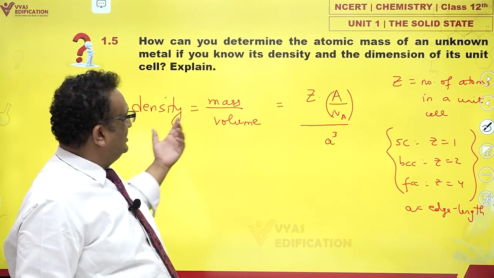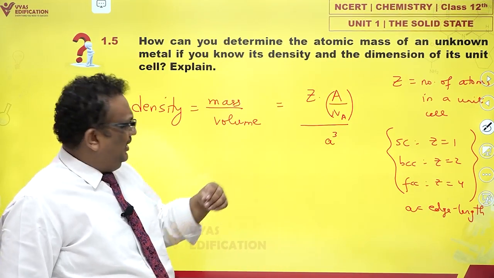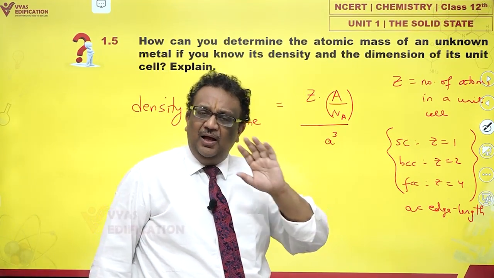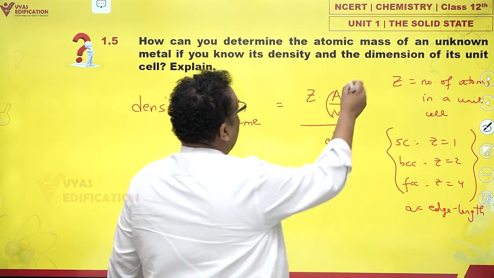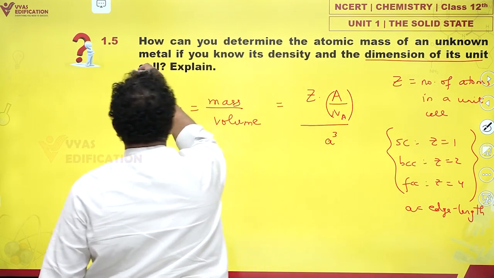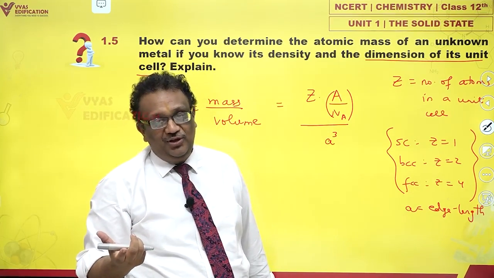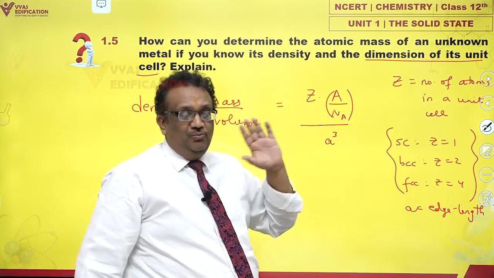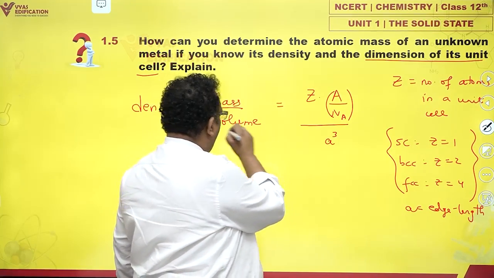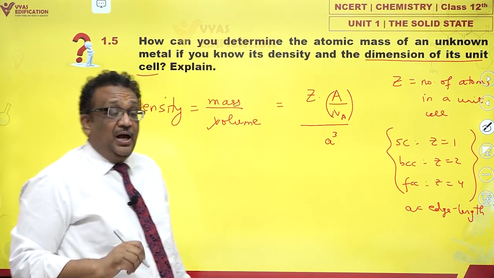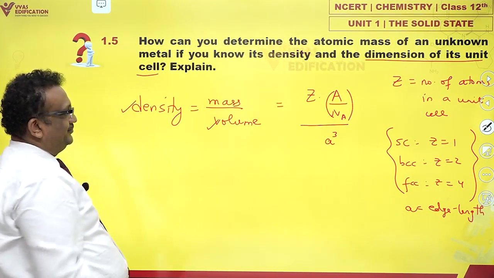You could say, is this applicable only for cubic? Well, even if it is hexagonal, I'm given the dimension of its unit cell. If I know the dimensions of the unit cell, I can always find out the volume. That is not a problem. I'm given the volume. I am also given the density.